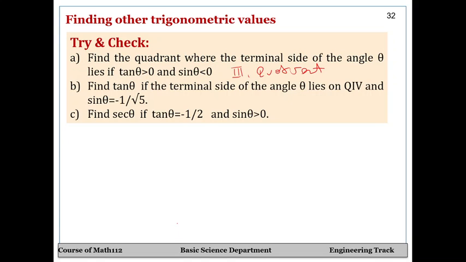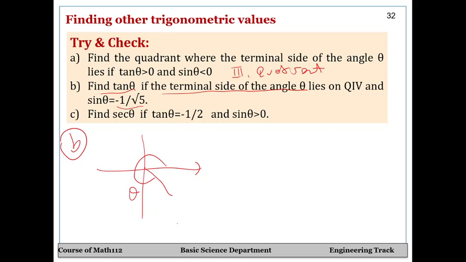Okay, let's come to B. Find tangent theta if the terminal side of theta lies on quadrant 4, okay, theta is in quadrant 4, and sine theta is minus 1 over square root 5.